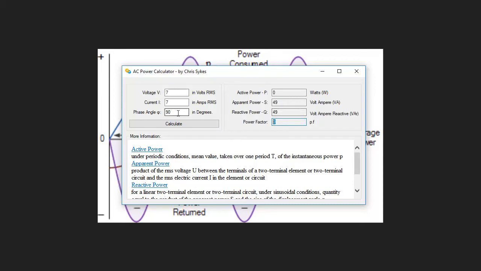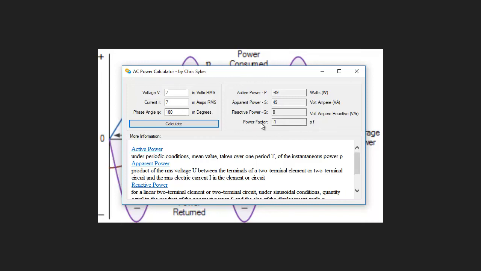Now if we were to change the situation and say that the phase angle we've measured is 180 degrees, things change drastically. And this is really, really interesting. The books don't tell you this. This is not something that's anywhere in the books. But the power factor ranges from -1 to 1.